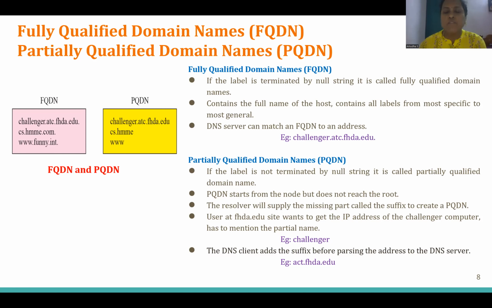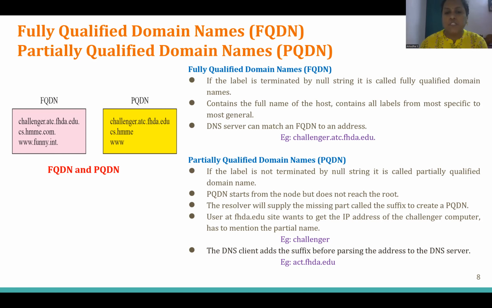Partially qualified domain name: if the label is not terminated by a null string, it is called a partially qualified domain name. It starts from the node but does not reach the root. The resolver, which I'll teach you later, will supply the missing part in your DNS representation to create a fully qualified domain name.